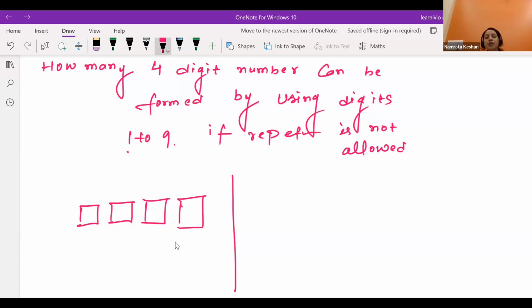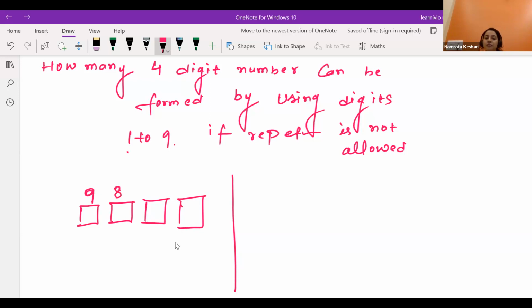If we try using the space filling method, from 1 to 9, if we count how many total numbers we are having: 1, 2, 3, 4, 5, 6, 7, 8, 9 we are having, right? Right, Ali and Alina? Yes, ma'am.